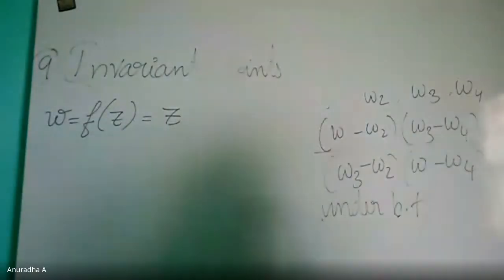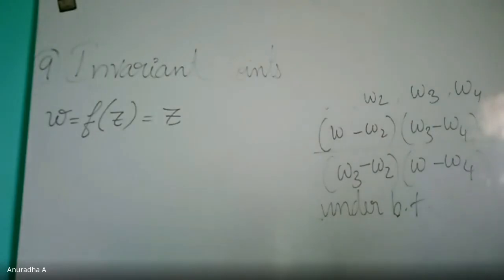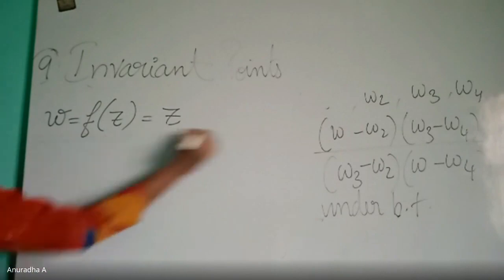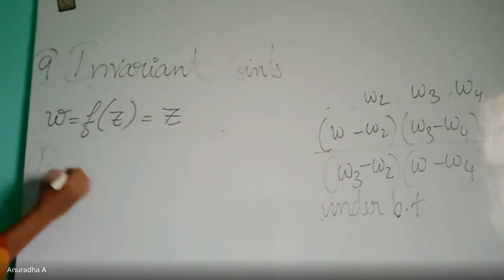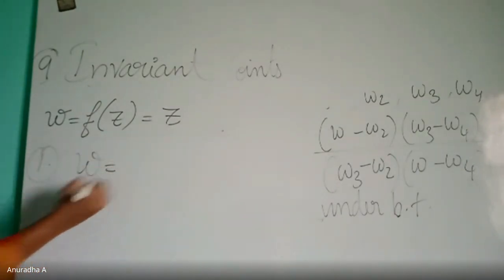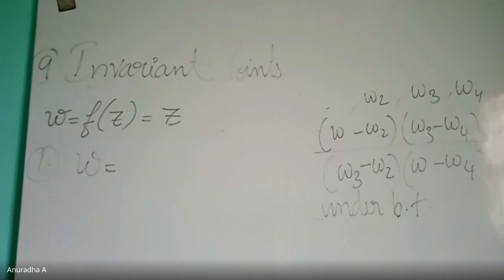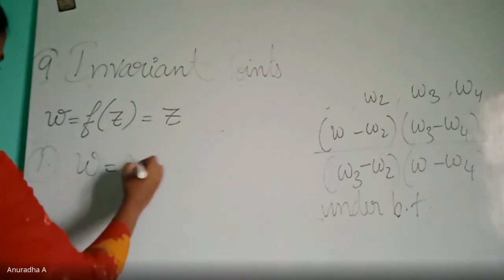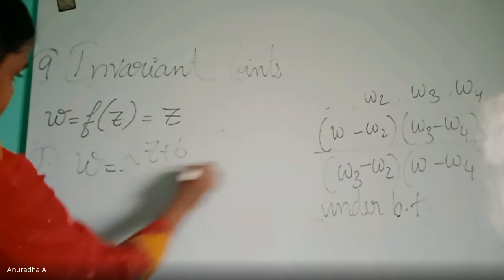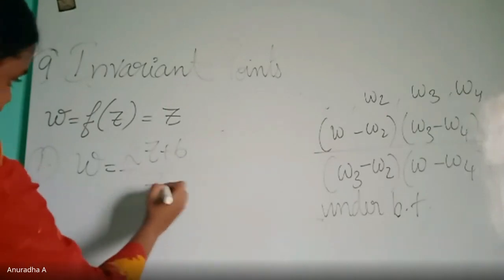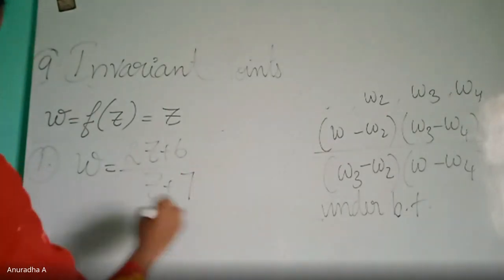We'll try invariant points by linear transformation. First problem, they give you a relation w equal to 2z plus 6 by z plus 7.